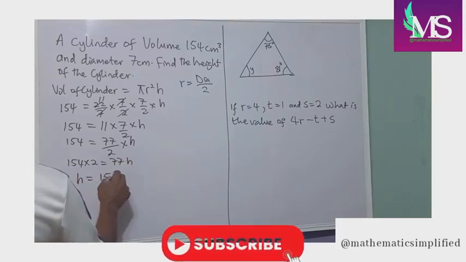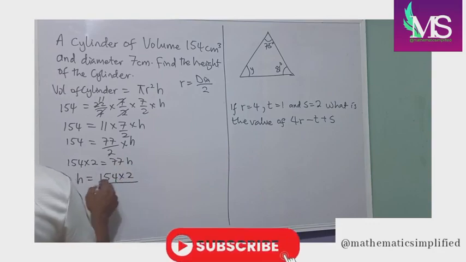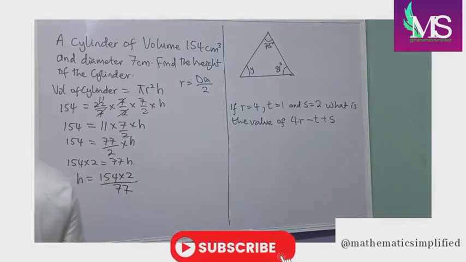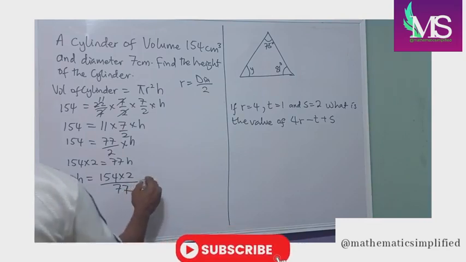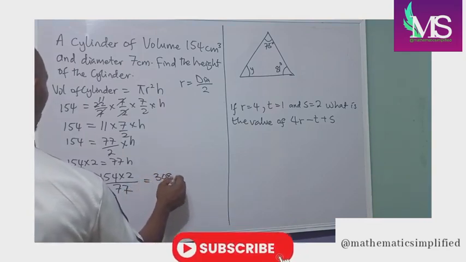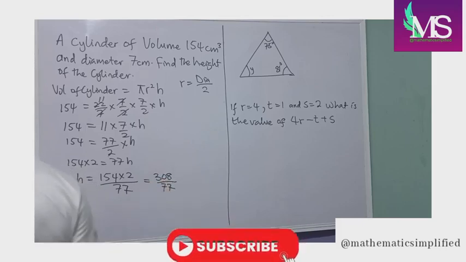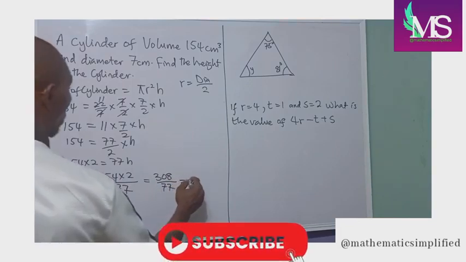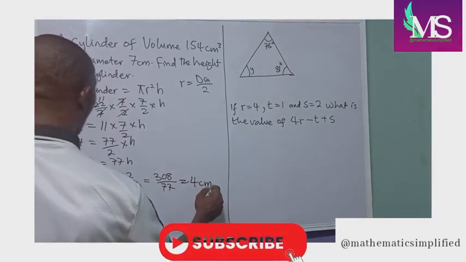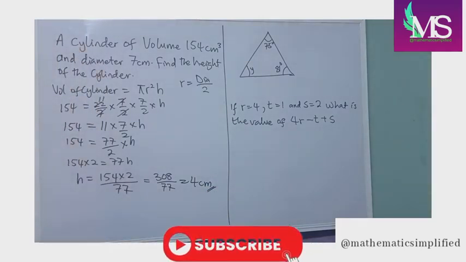So our h equals 154 times 2 over 77. 154 times 2 will give us 308, divided by 77 would give us 4 centimeter. So the height is 4 centimeters.